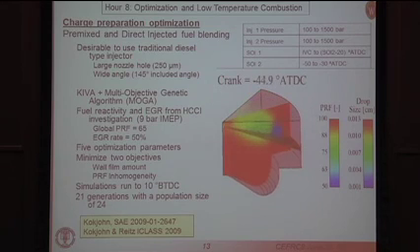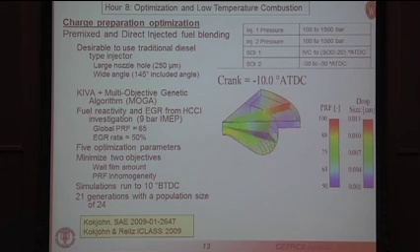So if we stop the calculation here, this is just at the time combustion is going to occur, we see we have a PRF distribution in the combustion chamber that goes from modified gasoline to modified diesel. The diesel is the most reactive part of the combustion chamber, the gasoline the least reactive.